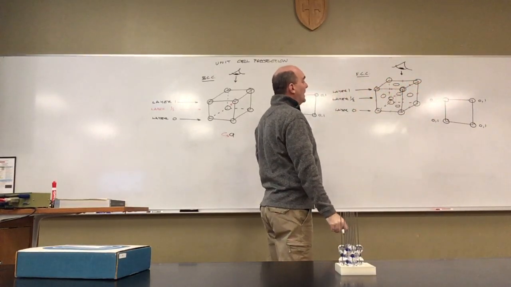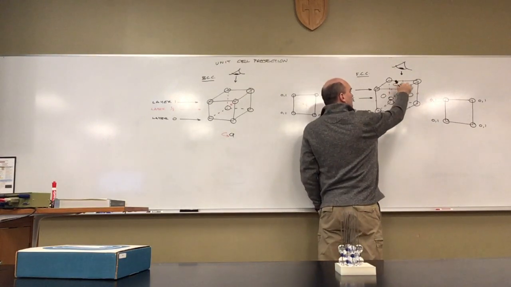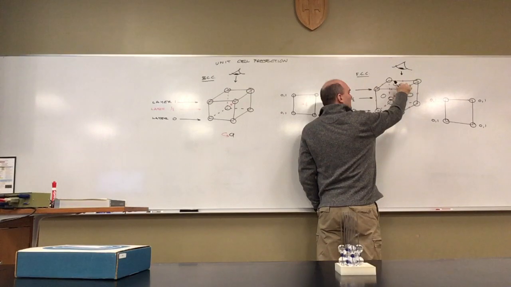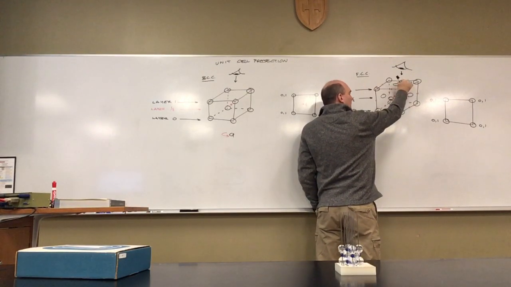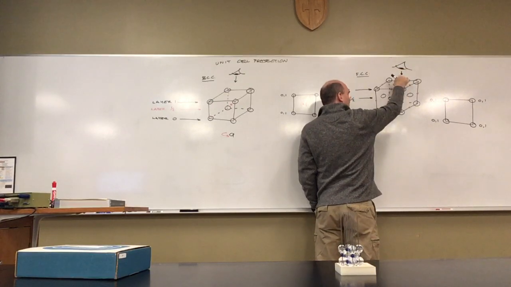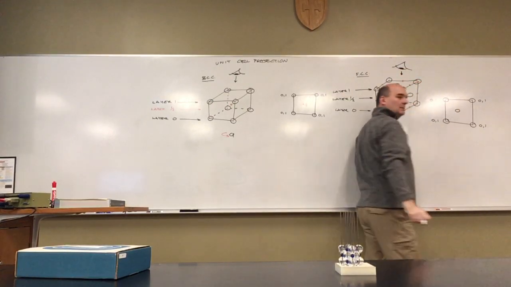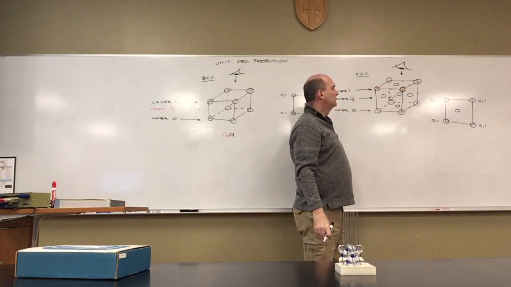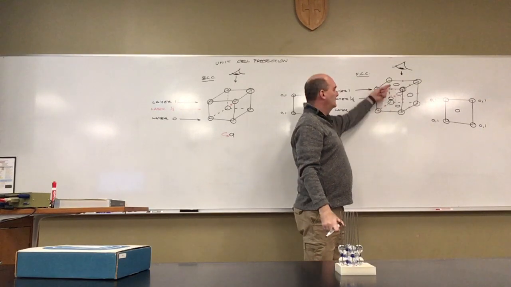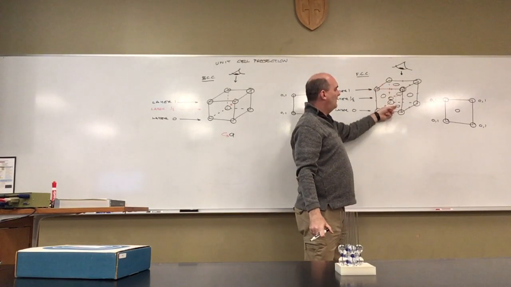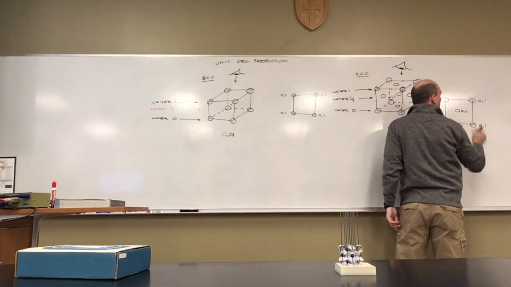And then I have anions at the center of the plan view face, right here. What layer are they on? That one and this one. So that's also a 0 and a 1.